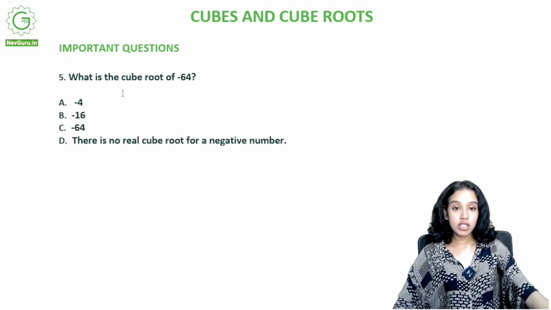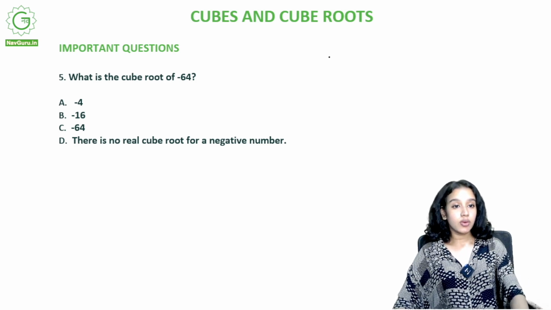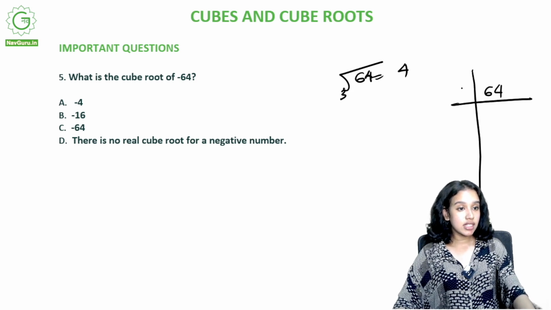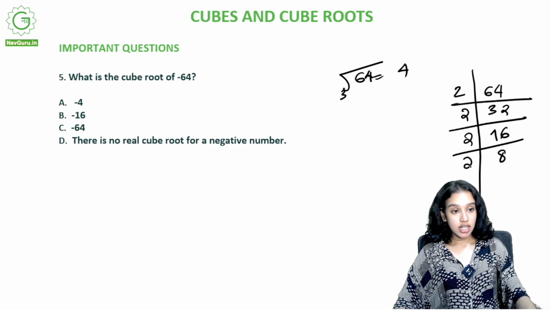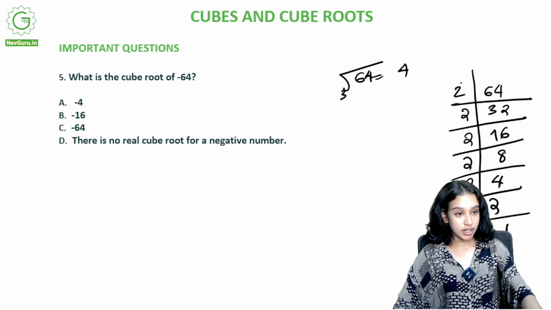Now, what is the cube root of negative 64? We know that the cube root of 64 is 4. Let's do that once again just to make it clear. Prime factorizing 64: 2, 32, again 2, 16, again 2, it's 8, again 2, it's 4, again 2, it's 2, again 2, it's 1.